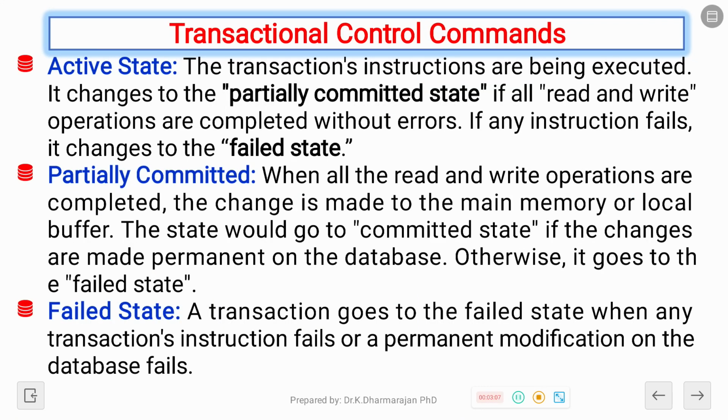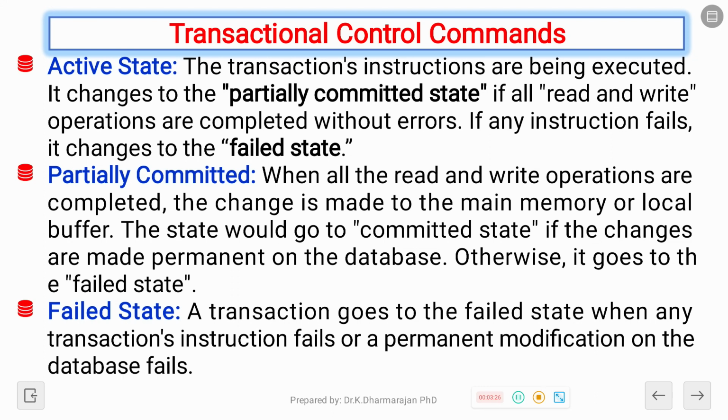Another thing, the transaction state has six types. Number one, active state. What do you mean by active state? The transaction instructions are being executed, and it changes to the partially committed state. Once the transaction is over, you can give a commit.